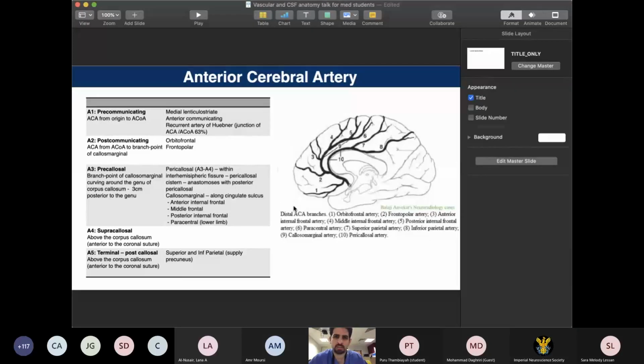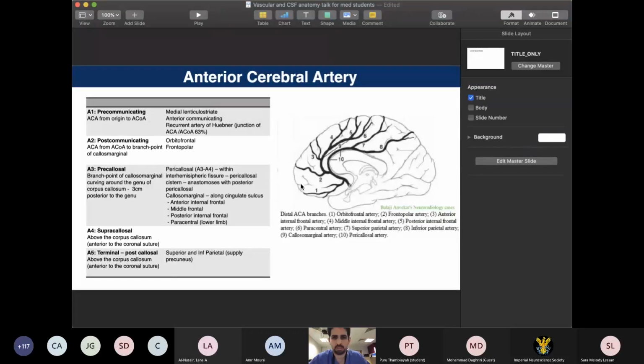Anterior cerebral artery anatomy: you have to remember two things. One is that it supplies the medial surface of the brain, and number two, it's entirely related to the corpus callosum, and that's how you get the breakdown of its different segments. All the arteries are basically split into 4 or 5 segments, apart from the ICA.